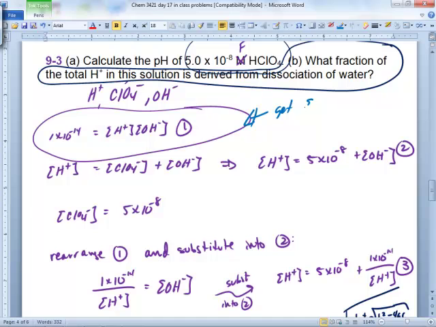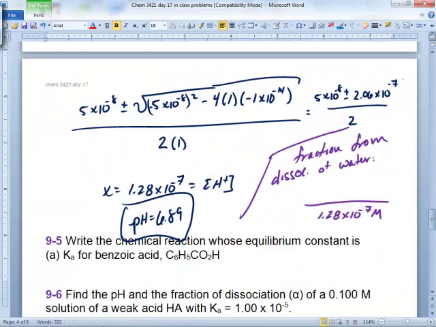We get OH. Did we add any OH at all in this system? It was just 5 times 10 to the negative 8 perchloric acid. We didn't add any OH. So if there is any OH, and there is, it's all from water dissociation. So you said you got the hydroxide concentration to be, what was that? 7.8 times 10 to the negative 8. Okay. So we put that up on top.